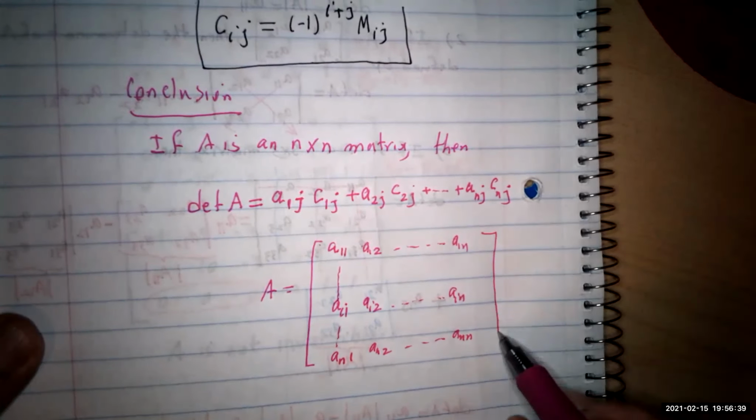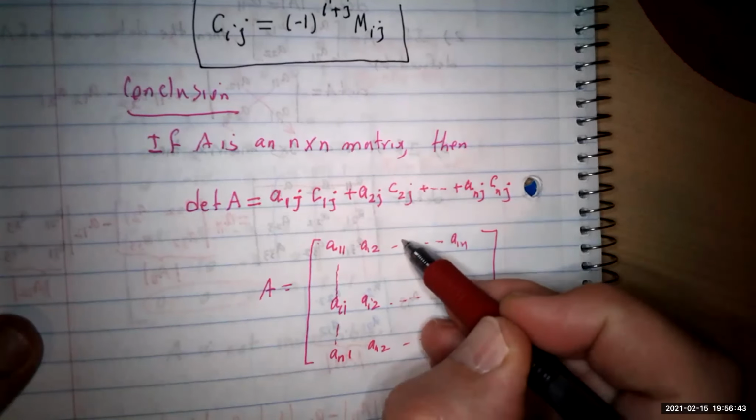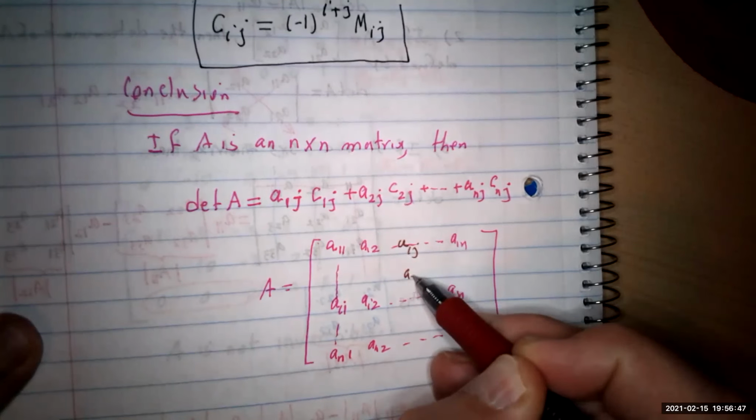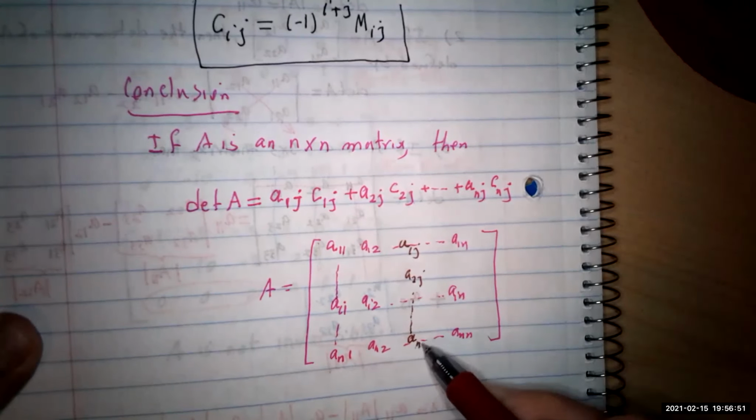This is going to be a matrix. Somewhere here is going to be the j column. So this is going to be 1j, this is going to be 2j, and this is going to be nj.